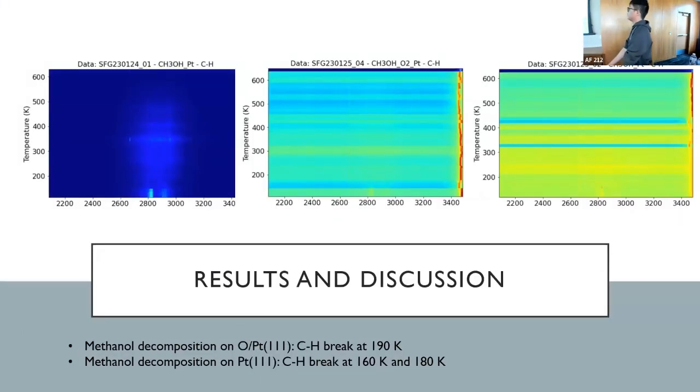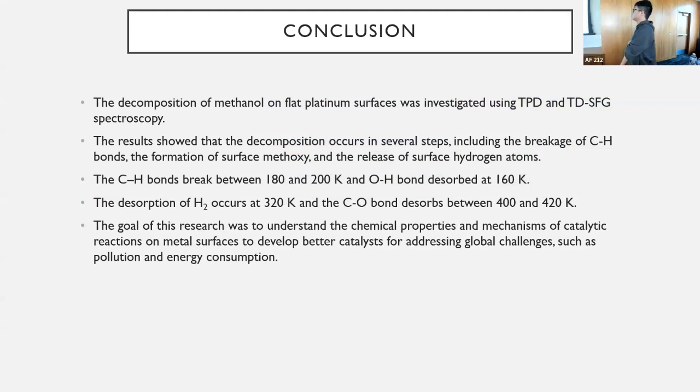And here we have the data that we obtained for the January 2023 data, where we know that the methanol combustion, these two, breaks at 160 and 180, while the oxygen copper platinum breaks at 190 K. So as a result, we are actually able to formulate the whole pathway for the flat surface.